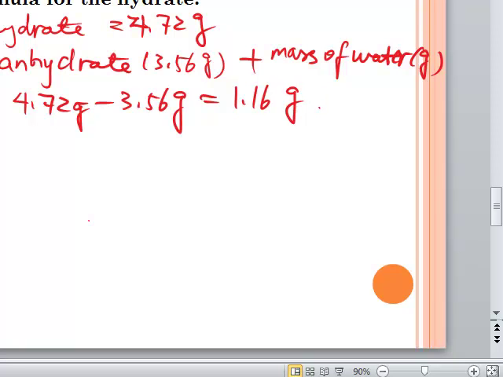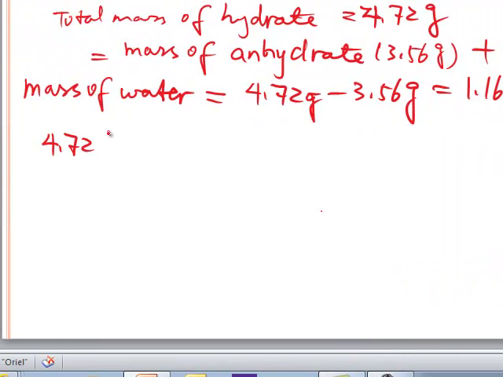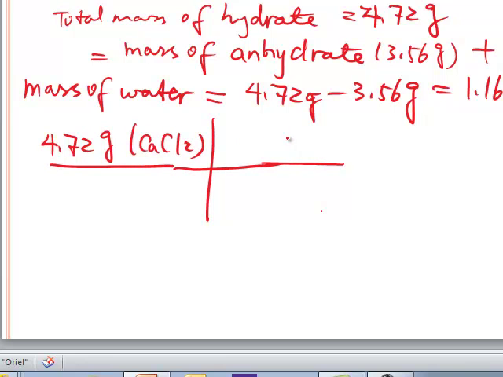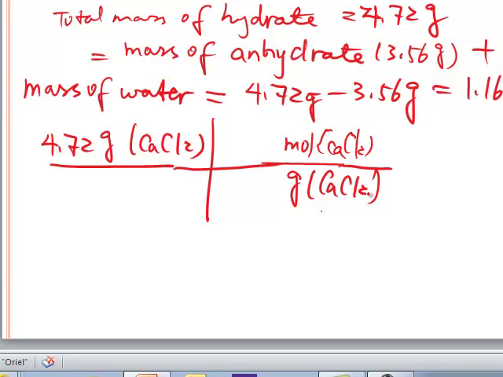So in this case now, we have 4.72 grams of calcium chloride, and you want to go to the moles of calcium chloride, so now I have to go through the grams of calcium chloride. As you can recall, this is a classic example of a molar mass. 1 mole of calcium chloride will equal approximately 111 grams of calcium chloride.